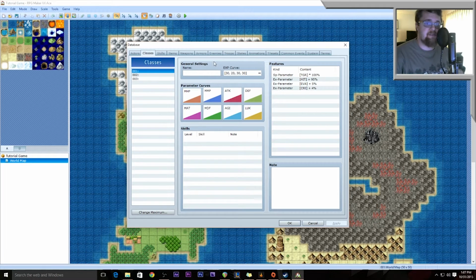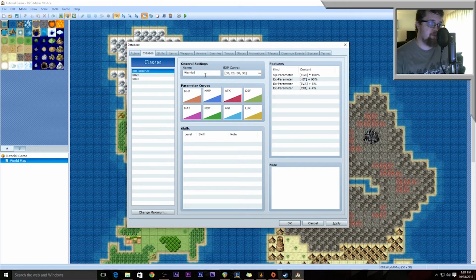Class number 1. The very first thing you do when you're defining a class is you got to name it. So our main character is going to be a warrior. When you're doing character classes, you tend to want to stick to a few archetypes to keep things easy to understand. There's the tank archetype, the melee damage archetype, the non-melee damage archetype, and the healer archetype.